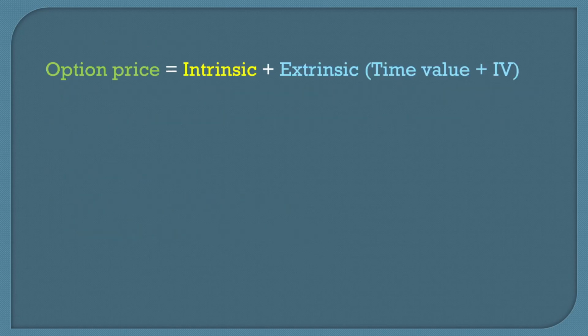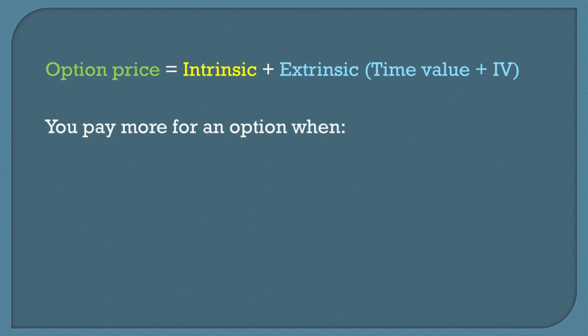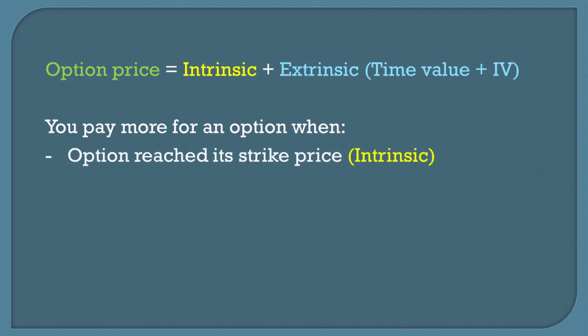Okay, so we've learned the two factors affecting option prices. They are intrinsic value and extrinsic value. For extrinsic value, it is made up of time value and implied volatility. We can expect to pay more for an option when any of the following is true. The option has moved past its strike price.